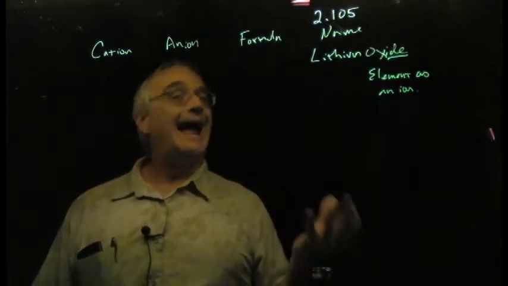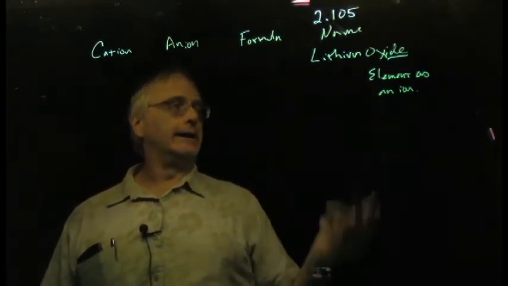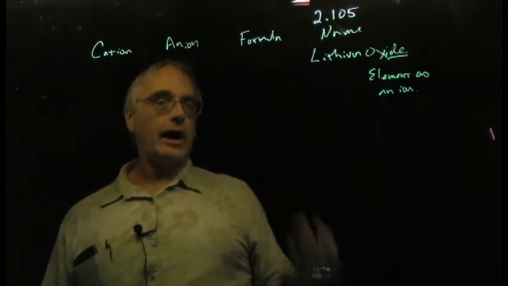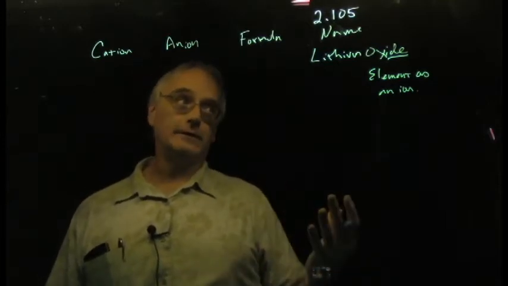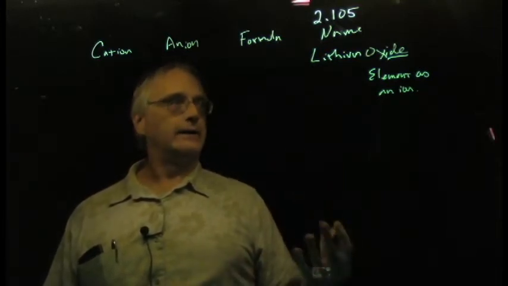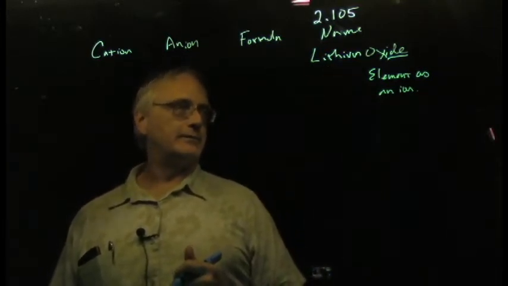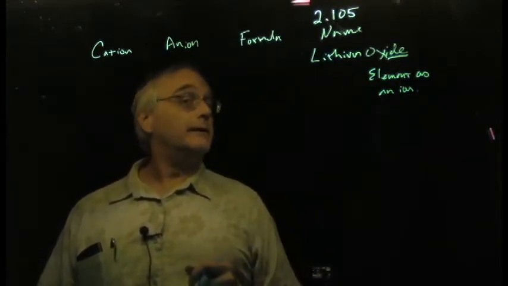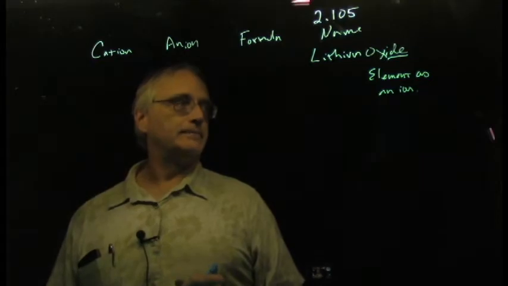Not fluorine, atom, fluoride, ion. This IDE is the ending we use to say this element, like sulfur, has become an ion, so we call it sulfide. We don't change the name of the positive ions. I don't know why. We just don't. We change the names of the negative ions, of the anions. Okay?